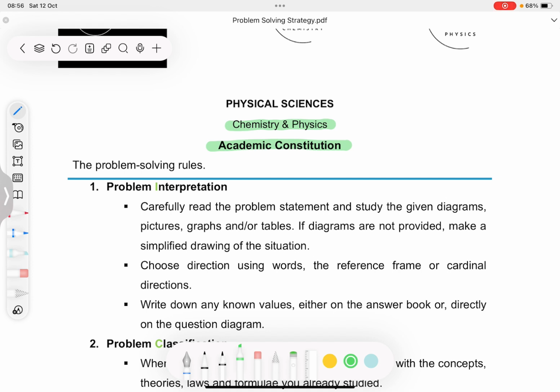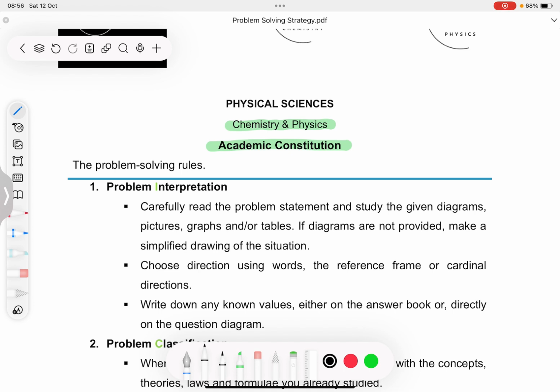Remember that physical sciences is broken into 2 parts: chemistry, which is paper 2, and physics, which is paper 1. These 2 subjects are closely related, hence they've made them one subject, so the way you solve them, you use the same techniques.